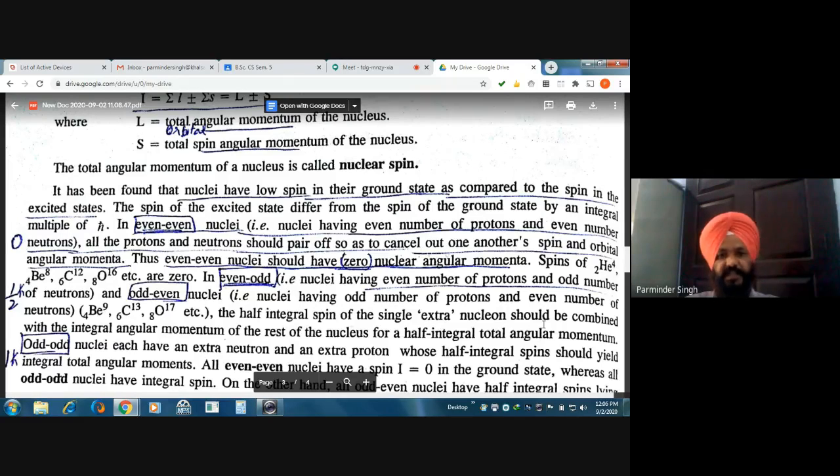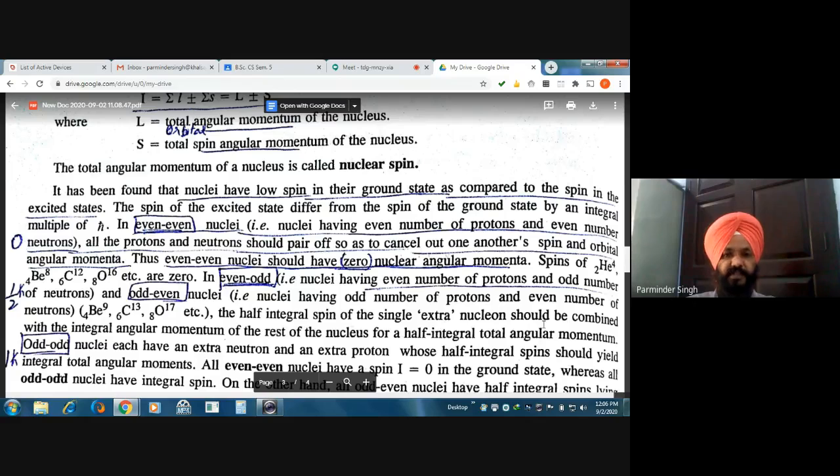So the situation is even-odd or odd-even. In all these cases, the half-integral spin of the single extra nucleon is combined with the integral angular momentum of the rest of the nucleus. So the total angular momentum is always half-integral, that is 1 by 2 h cross.